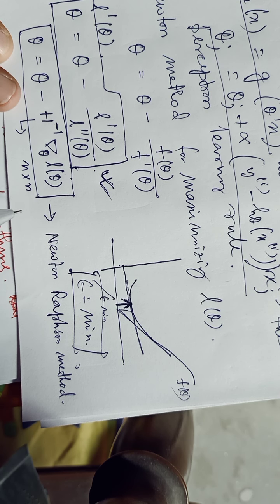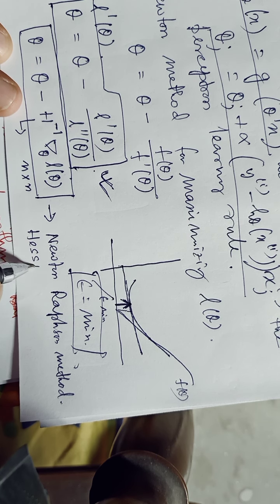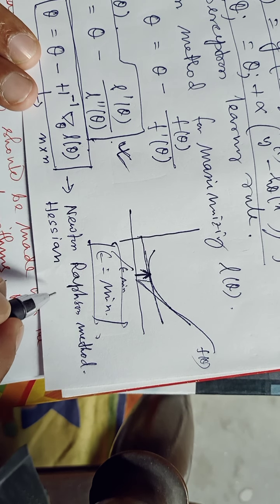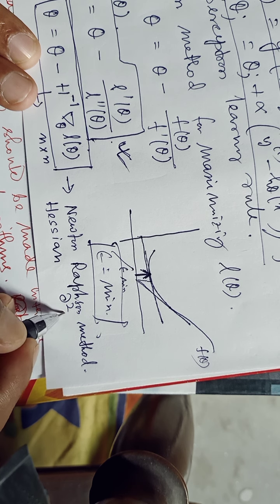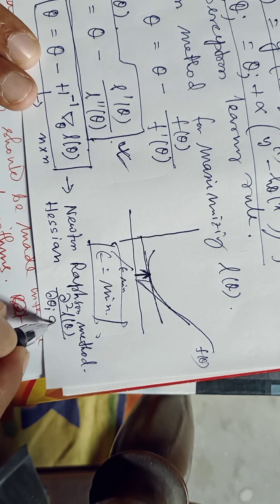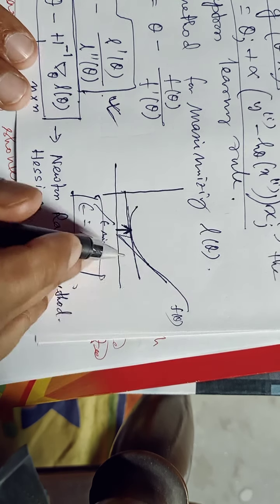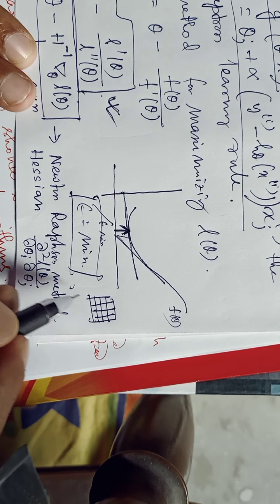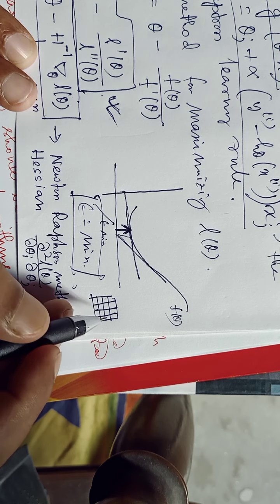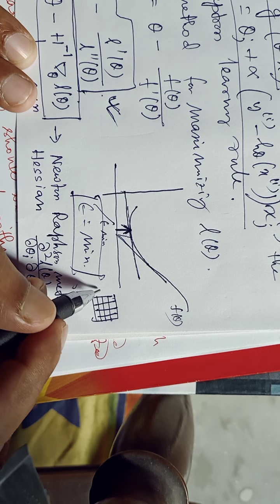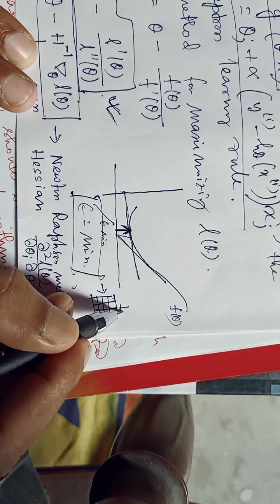Okay, H is an n cross n matrix which is known as the Hessian matrix, whose entries are given as d2 L theta by del theta i del theta j. Think of this as a matrix, where the entry is in the ith row and jth column.